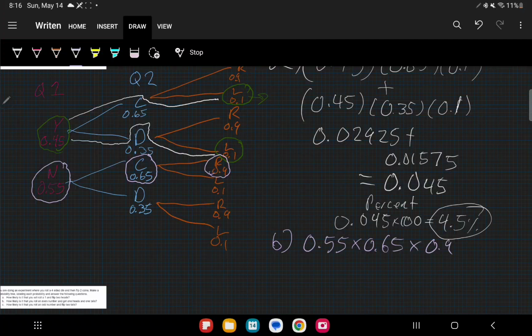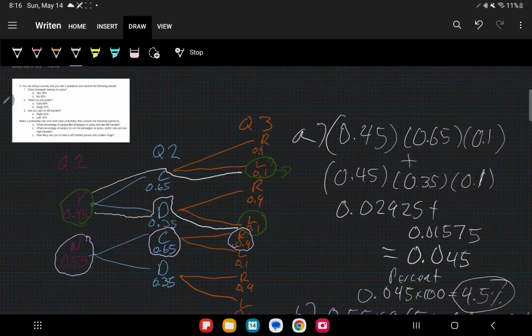I get 0.55 times 0.65 times 0.9, and I get 0.32175, which is going to get me about 32.175%, which is not the best number, but we'll live.